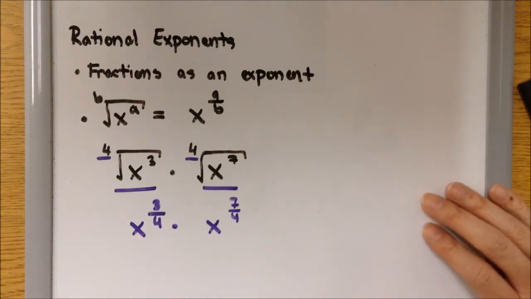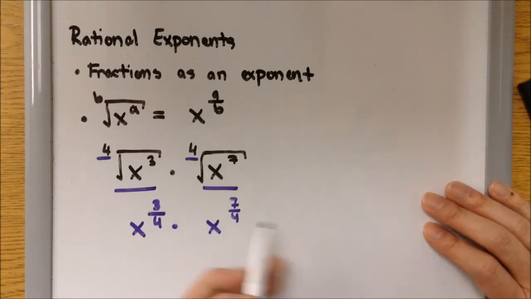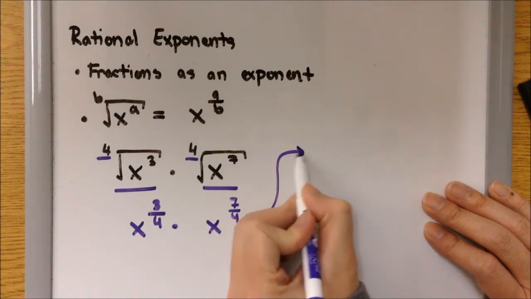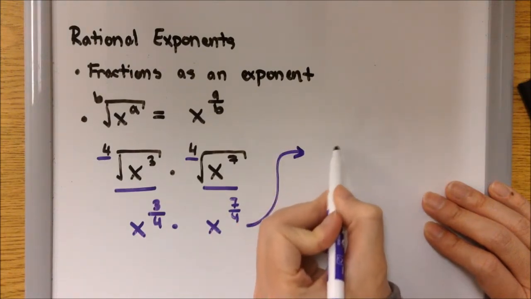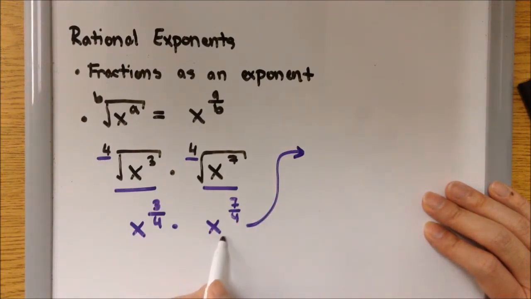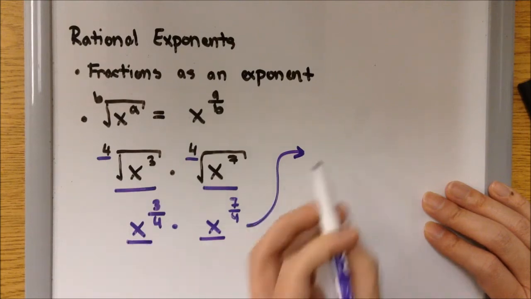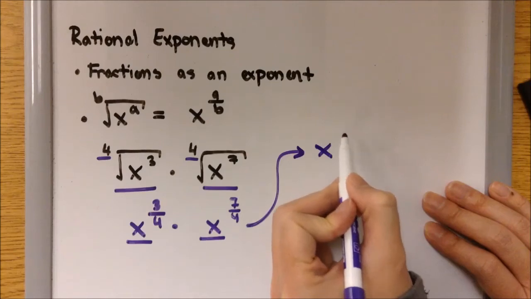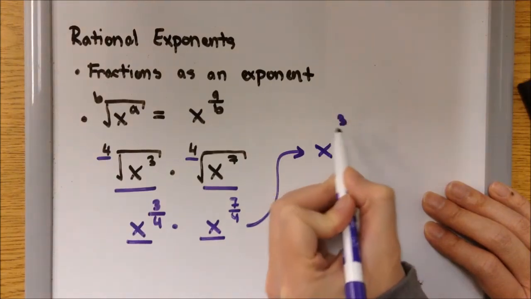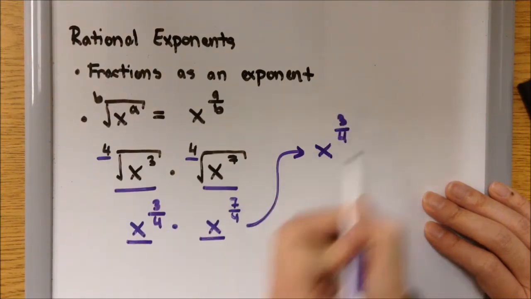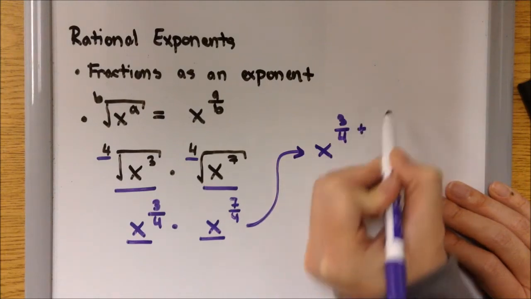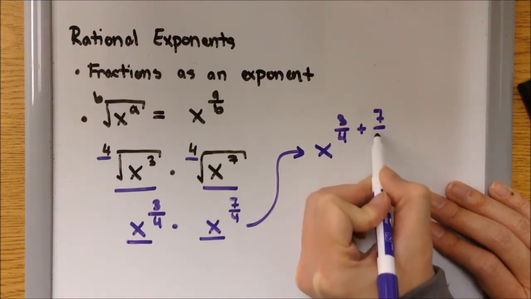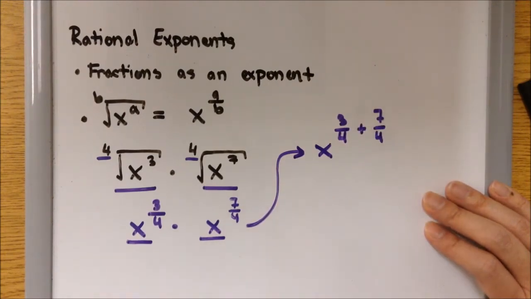So from exponent laws, I'm going to rewrite it here. Since they're the same base, x, we can rewrite it as x, and our exponents, we're going to write 3/4. Since it's multiplying, it's going to be plus 7/4.